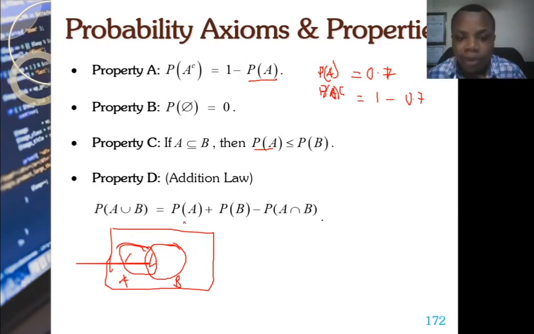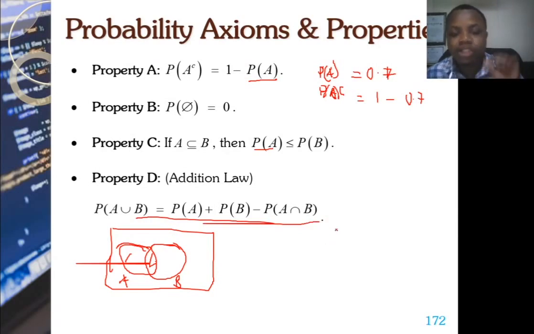Now this property holds in cases where the events are not mutually exclusive, meaning that they have something in common. Once this happens, this property D of the addition law will hold. We shall look at a situation whereby the events are mutually exclusive, where we are going to just neglect this portion, but that is something we are going to look at very soon.